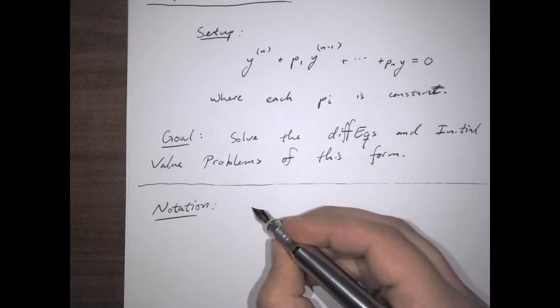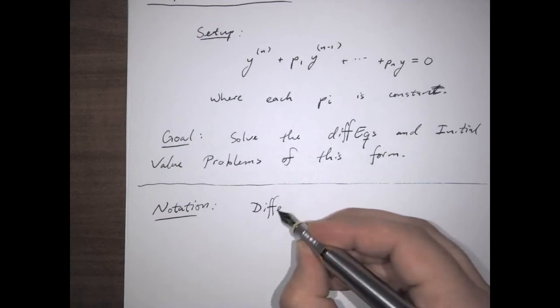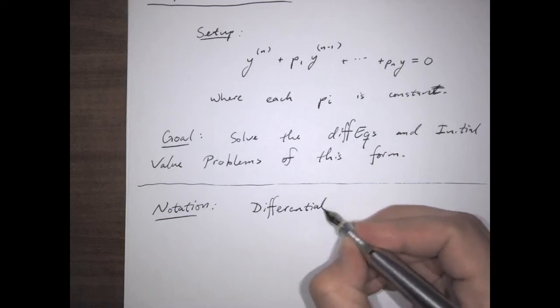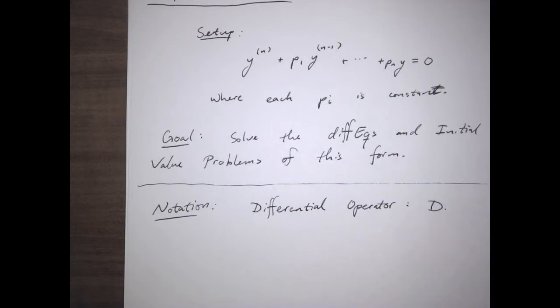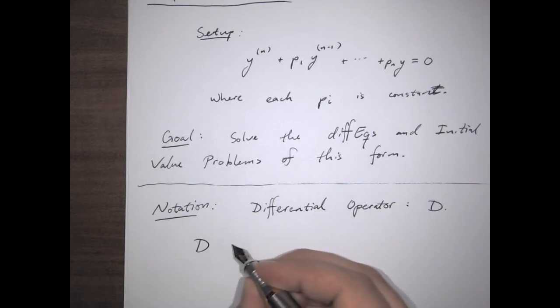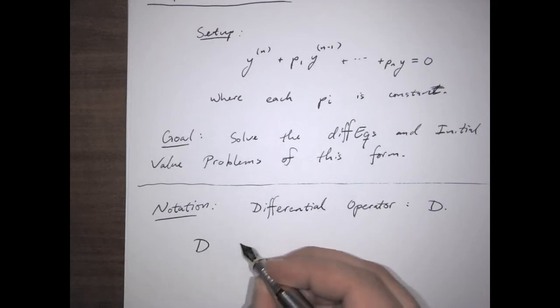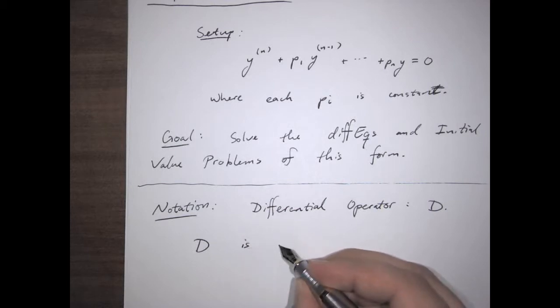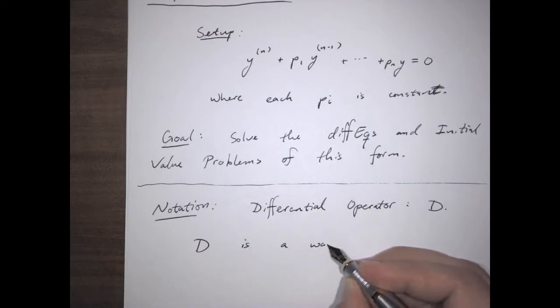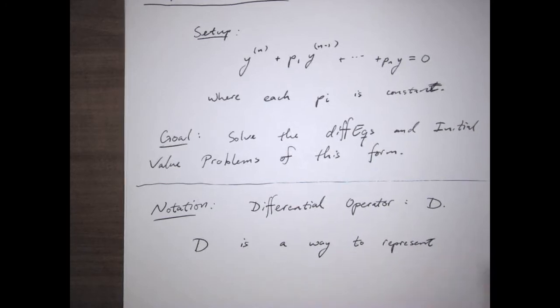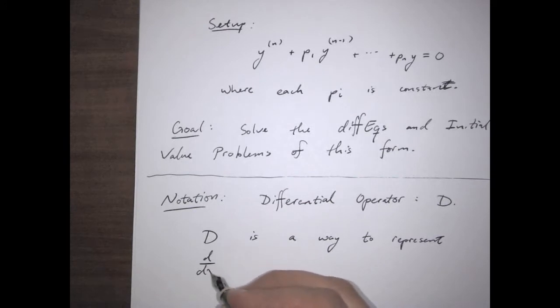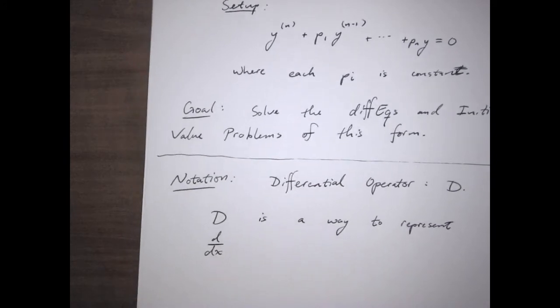So this is the differential operator D. D is a way to represent the derivative with respect to x. And here I mean the ordinary derivative, not a partial derivative, just a classic derivative.